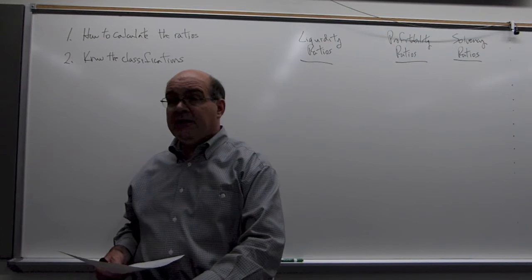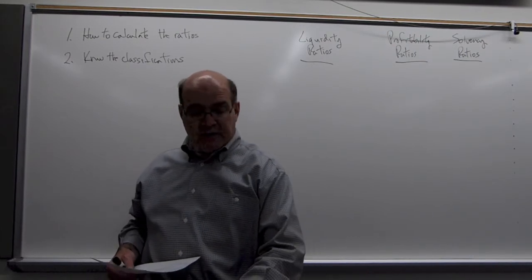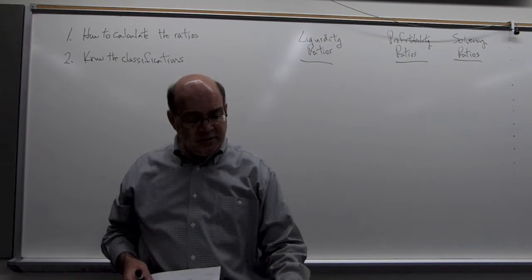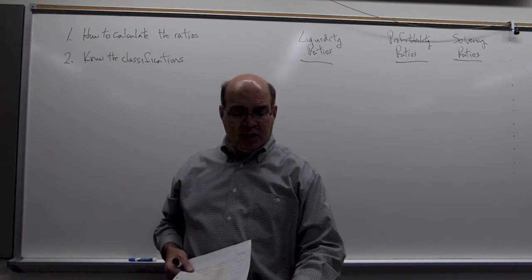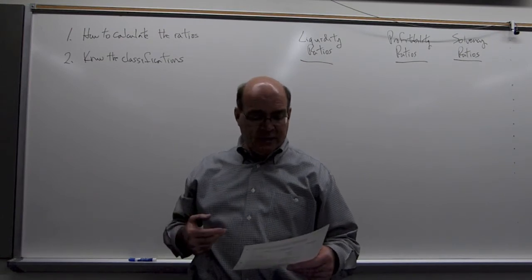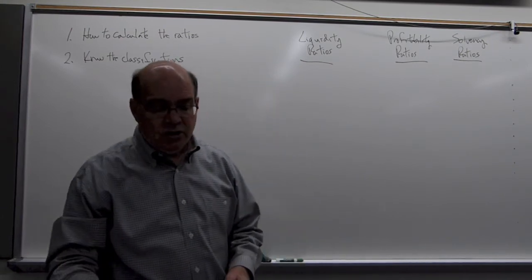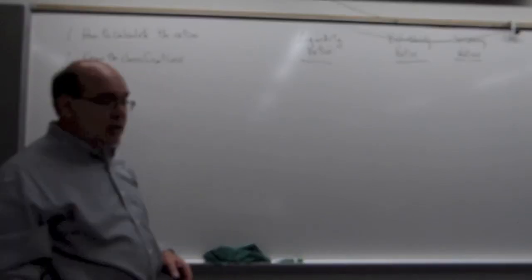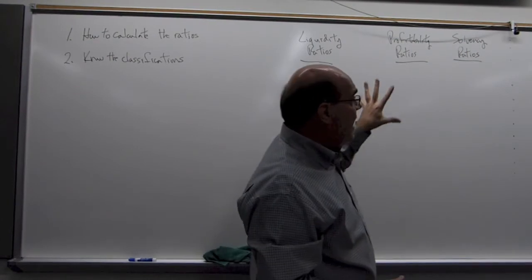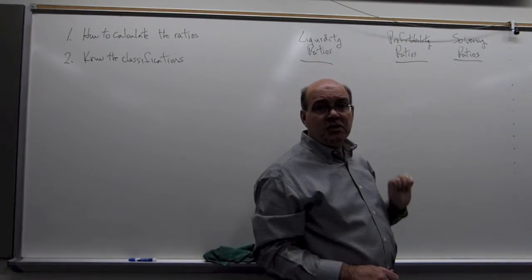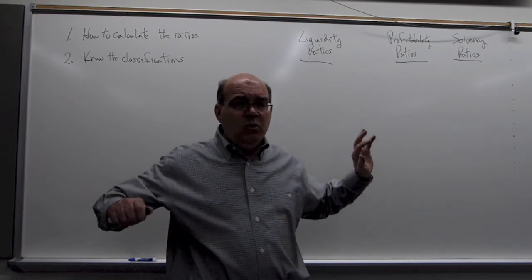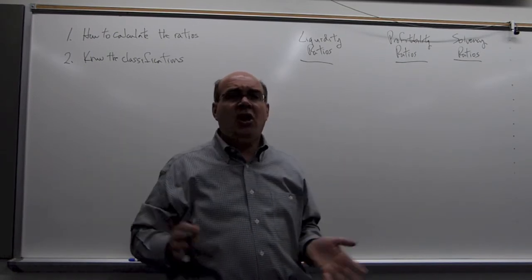The last category is the easiest because it's only got 2 ratios. That's solvency ratios. And the definition for solvency on page 676 is measures the ability of a company to survive over a long period of time. So that would be the debt to asset ratio and times interest earned. So you're going to need to know the classifications of what ratios go in these categories and the terms, the definitions, because I might not say, hey, which one of these would you calculate if you wanted to know about a company's solvency?